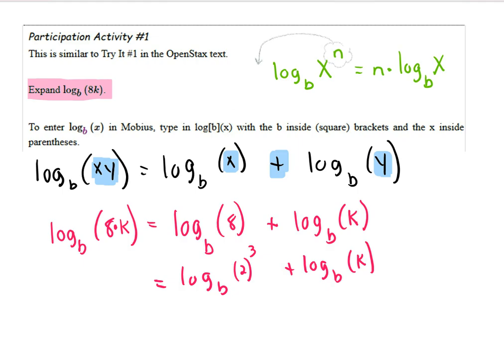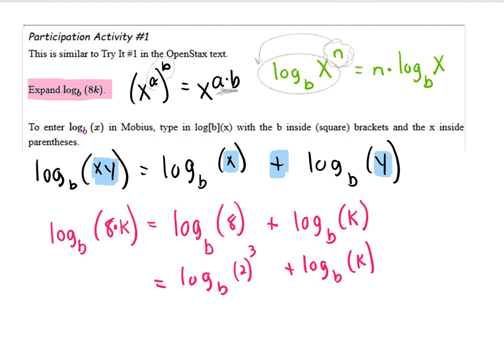And this one's related to the exponent rule that says if you have x to the a and it's raised to another b power, you're taking an exponent and raising it to another exponent. That is when you multiply a times b. So this n up here is an exponent, but this log base b of x also represents an exponent, and exponents are supposed to get multiplied together.